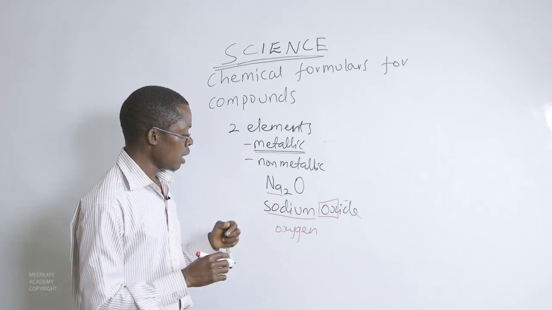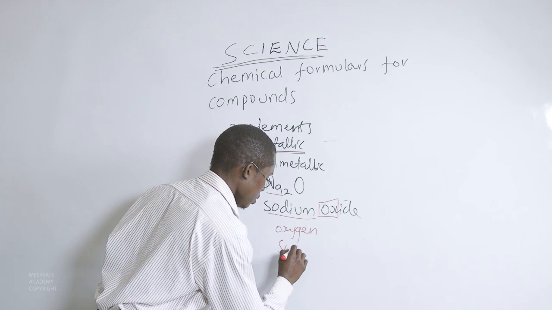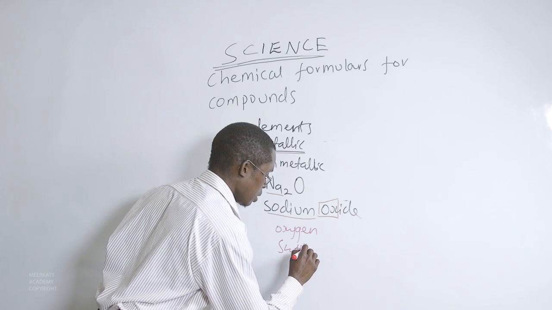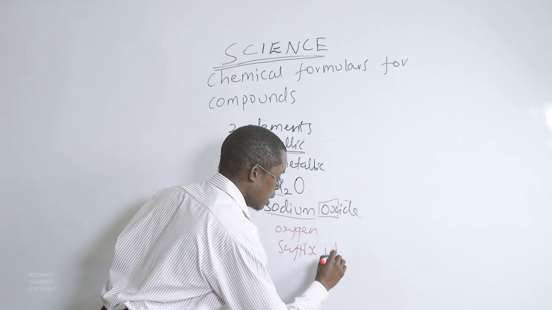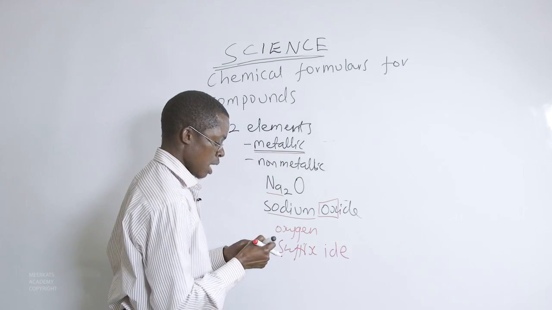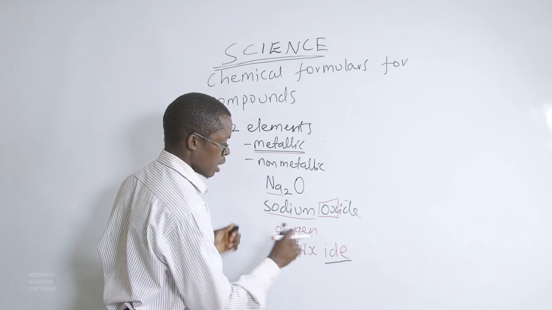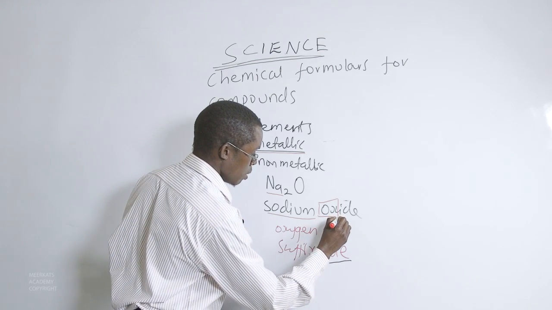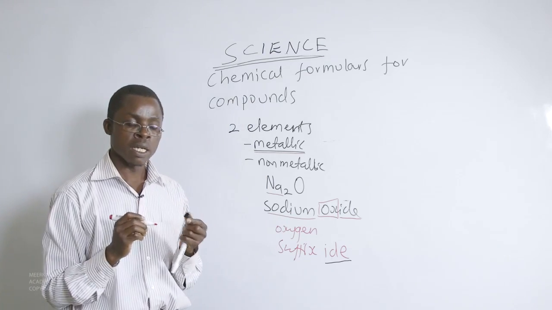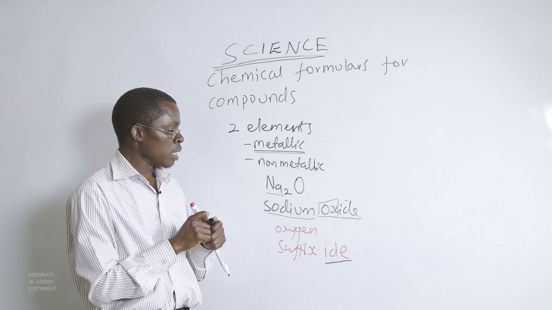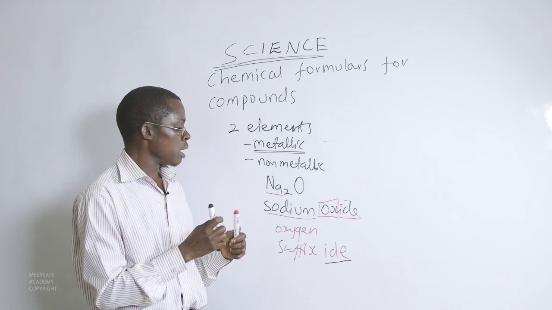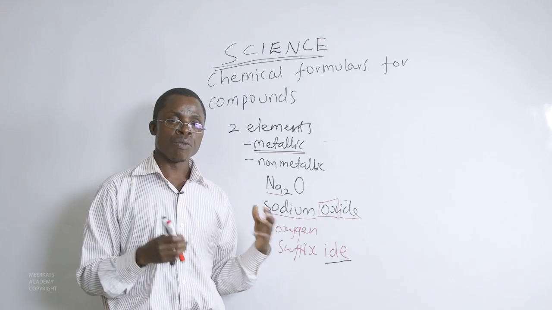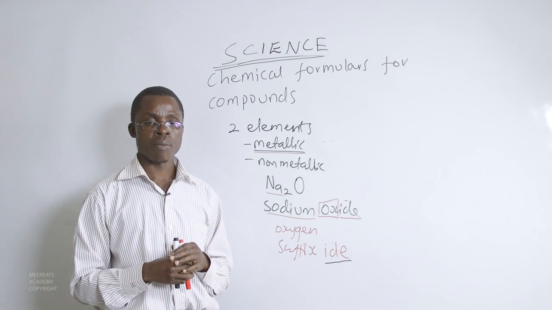Then we add a suffix, IDE. Can we see it in the name? Yes, it is there. IDE. So that confirms that the name sodium oxide followed the rules of naming.